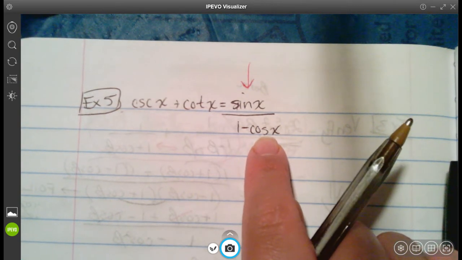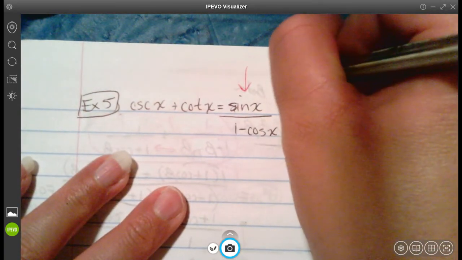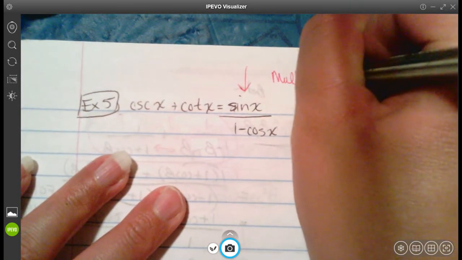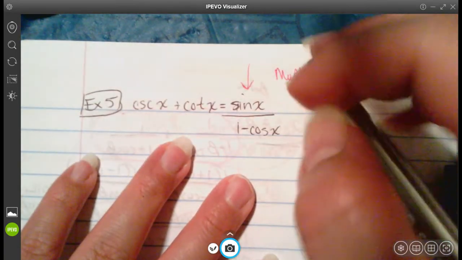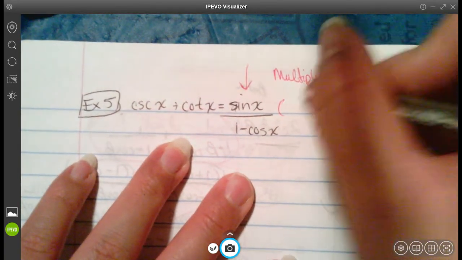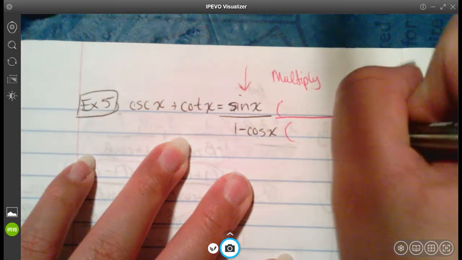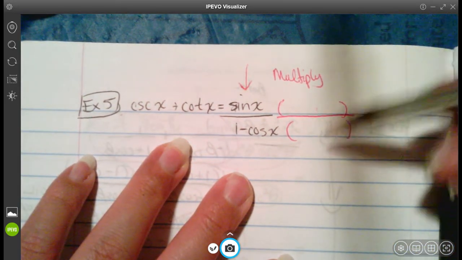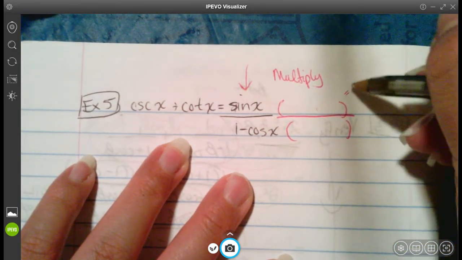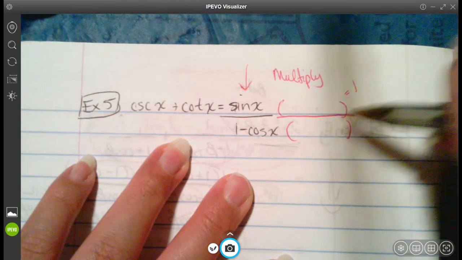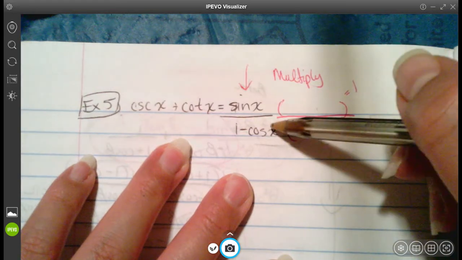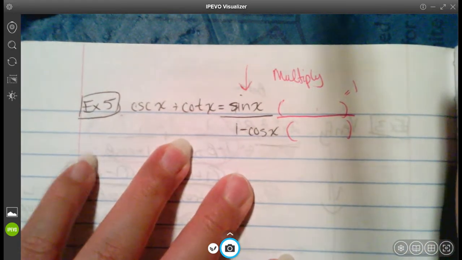So what we're going to try is multiply this by a monomial denominator. What that means is I'm going to take something and multiply it on the top and on the bottom, which I'm allowed to do because this is technically just equal to 1. Remember, anything divided by itself is equal to 1, and if you multiply anything times 1, you're not changing the value.